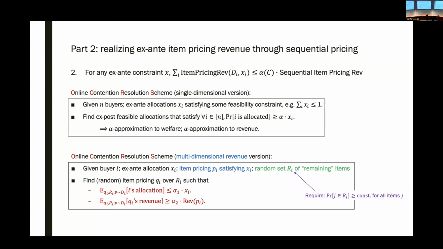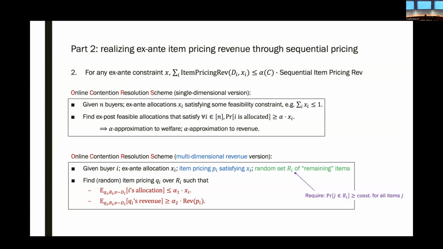In particular, if the buyer has unit demand valuations or additive valuations or cross substitute valuations, we can prove an OCRS of this sort that gets a factor of 2 approximation to revenue. And this is in fact tight because this problem generalizes the single item profit inequality for which 2 is tight.